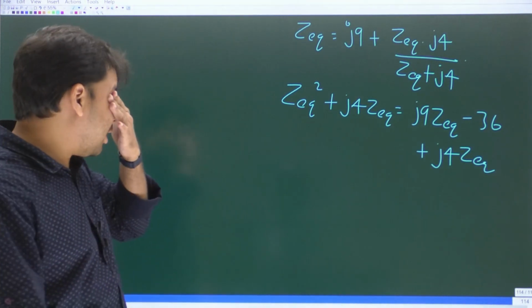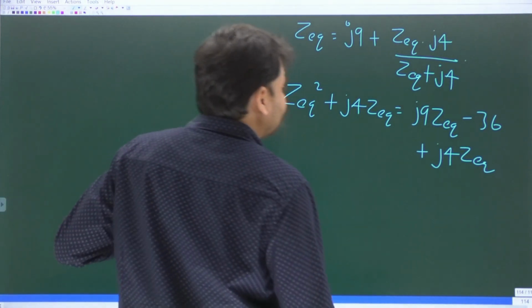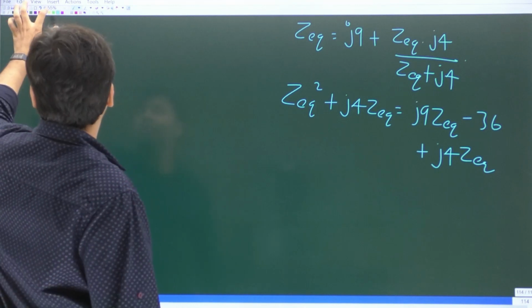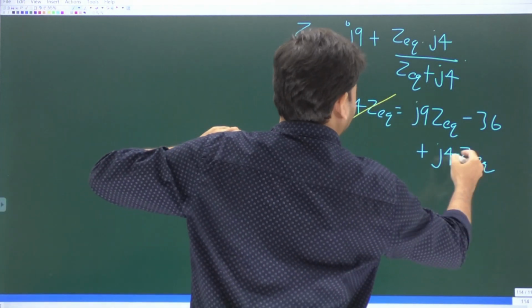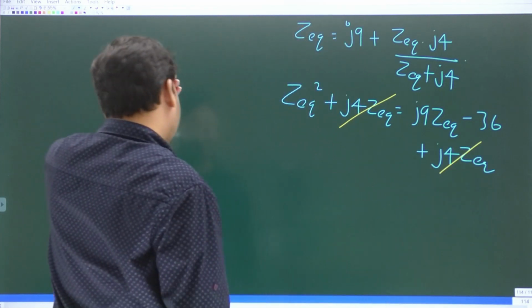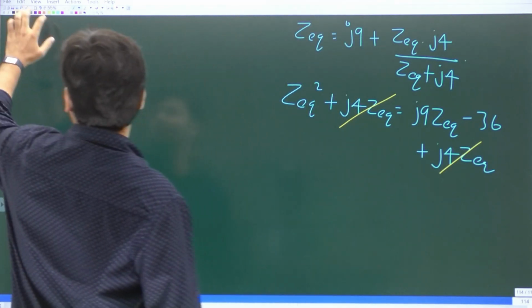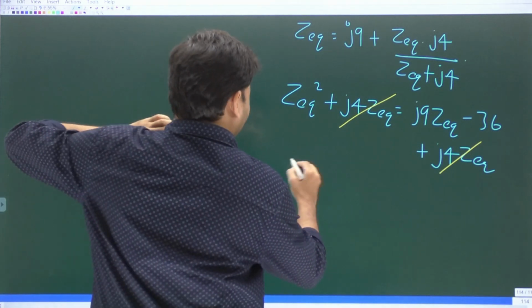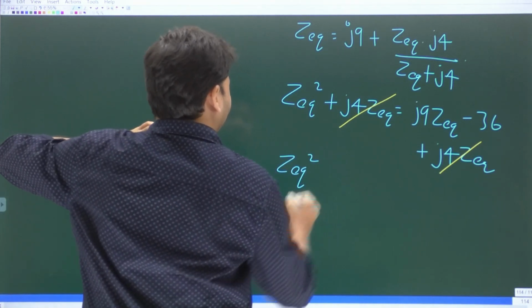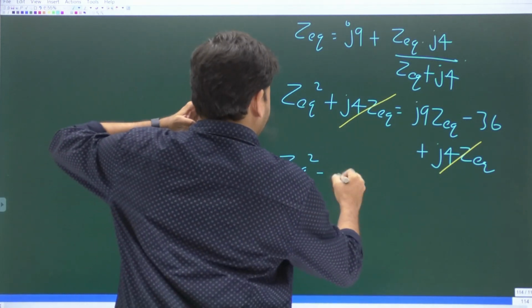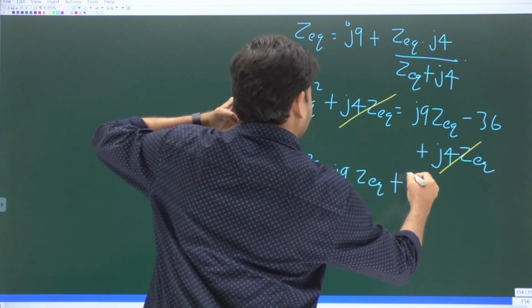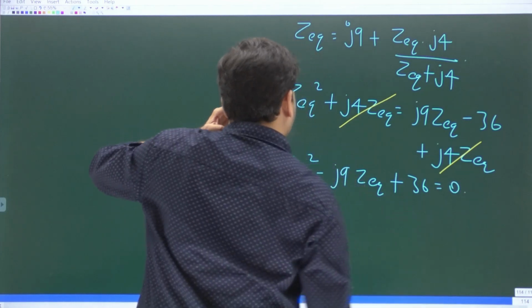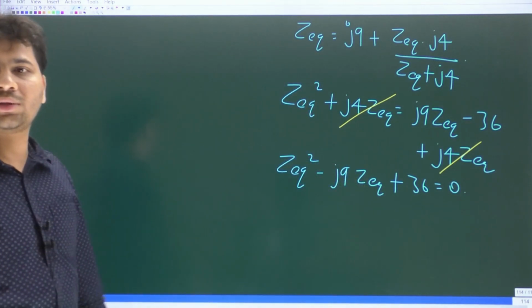I hope this is correct. The J4 Z equivalent on the left side and on the right side both get cancelled, so the final quadratic equation is Z equivalent square minus J9 Z equivalent plus 36 equal to 0.